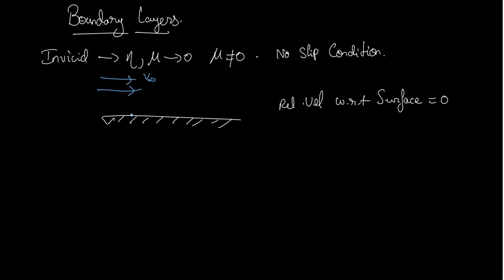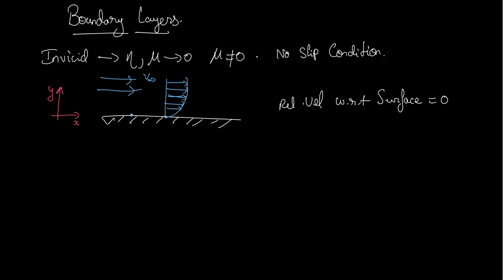Let me write here. It will look like this, and this will be the kind of velocity distribution that I can observe. I can see that this clearly has a velocity gradient. Let me consider this to be my x and this to be my y. That means the velocity is varying along the y direction.